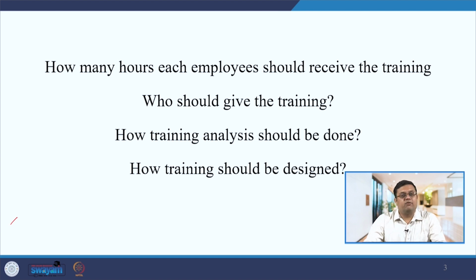Who should receive the training inside the organization, right? How should training needs analysis be done? How should training be designed?